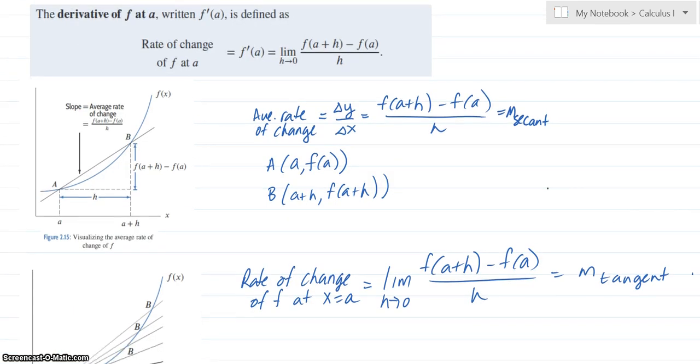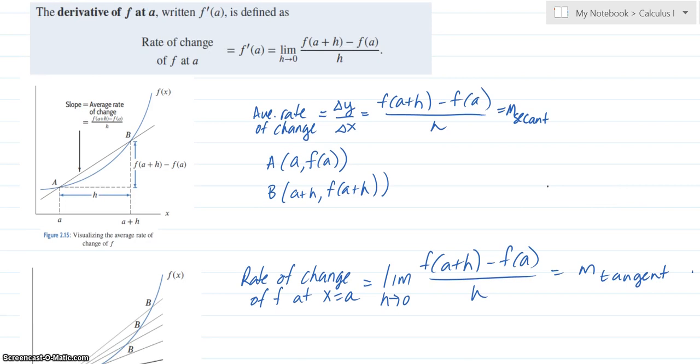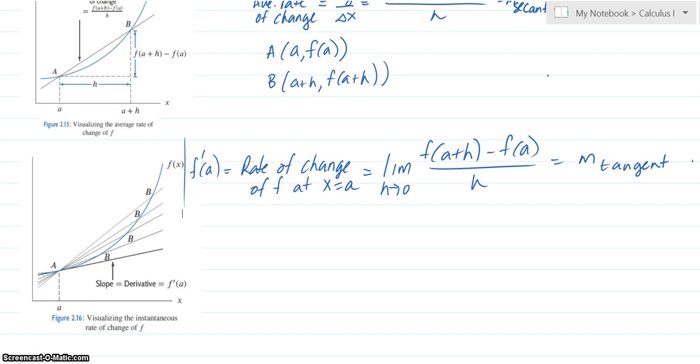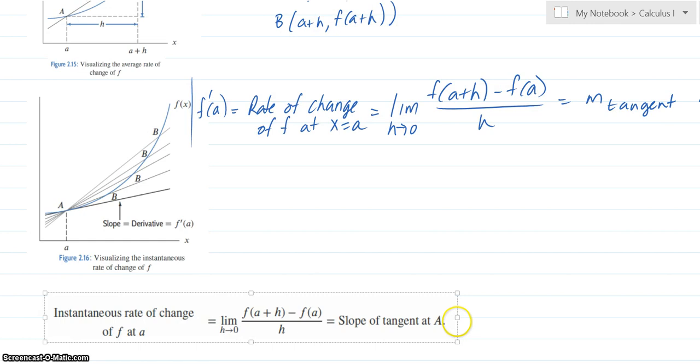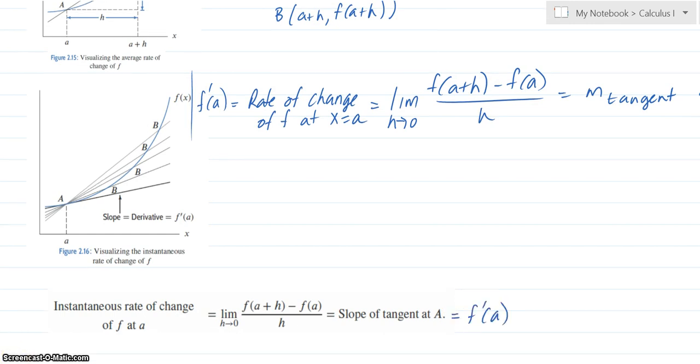That is the definition. You can see that they got here. This is what we're going to call f prime, or f prime of A. Or if you'd rather, you can call it the instantaneous rate of change. And again, this is written as f prime of A.